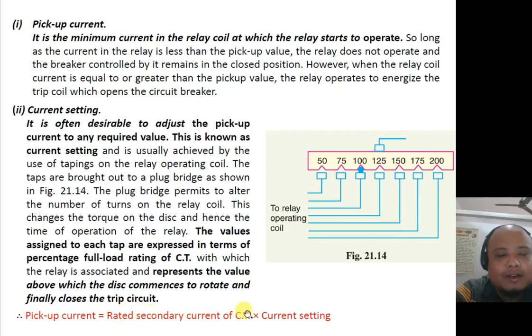If a CT has a ratio of 5:1 and primary full load current is 500 ampere, the rated secondary current will be 100 ampere. So pickup current will be 100 multiplied by current setting. If current setting is 50%, it will be 100 into 50%.